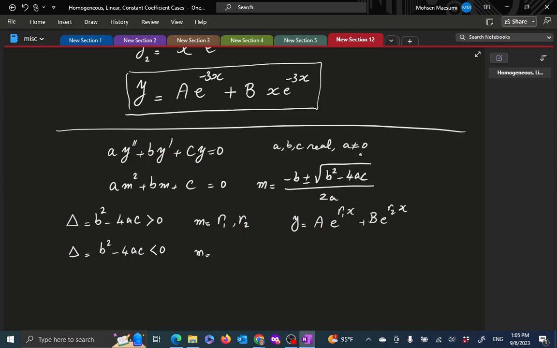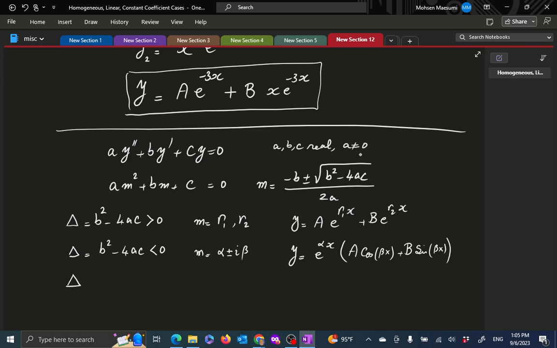Let's write them as alpha plus or minus i beta. Then the clean way of writing your answer is exponential of alpha x times a cosine of beta x plus b sine of beta x.